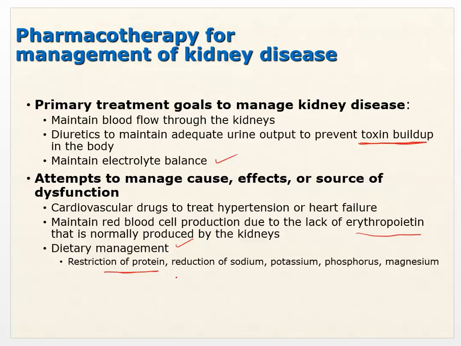We usually get too much protein anyway, and so if your kidneys aren't able to handle it, reduction of sodium, potassium, phosphorus, magnesium, anything that's kind of out of spec, so to speak.